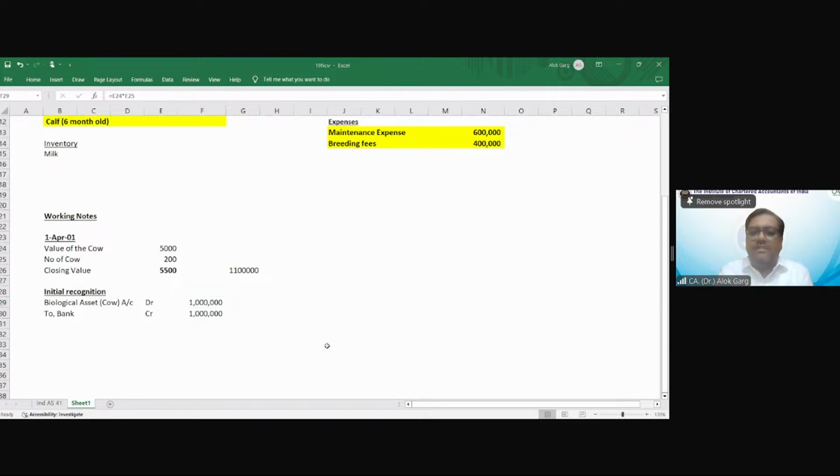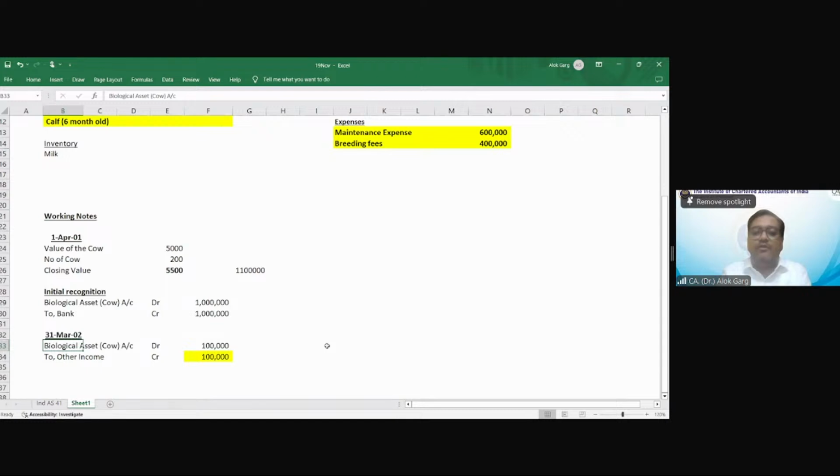So what is the next entry? If I recognized it at 10 lakh, so 5,000 becomes 5,500. What is my next entry on 31st March 2002? I have to recognize the subsequent increase in fair value less cost to sell. Biological asset account debit, to other income 1 lakh rupee, correct? Yes, sir.